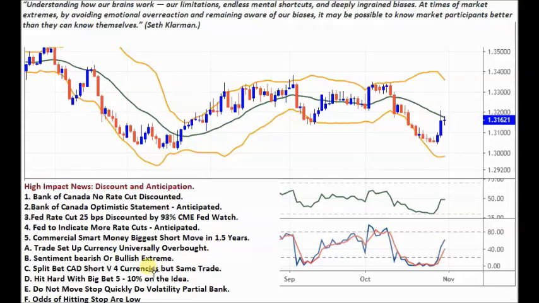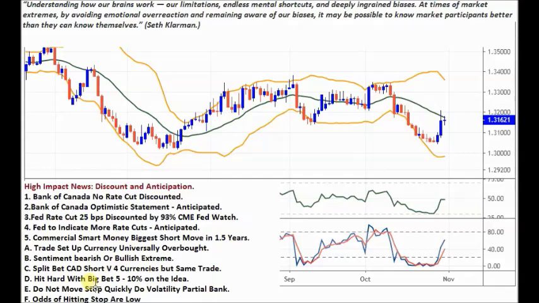Now, in terms of this trade, as we said in our previous videos, we just do a split bet. So basically, we're universally overbought in terms of the Canadian dollar. We don't know which is going to be the best performing pair, so we picked 4. This one is the underachiever, so to speak. GBP CAD is the best at the moment, with okay profits so far.